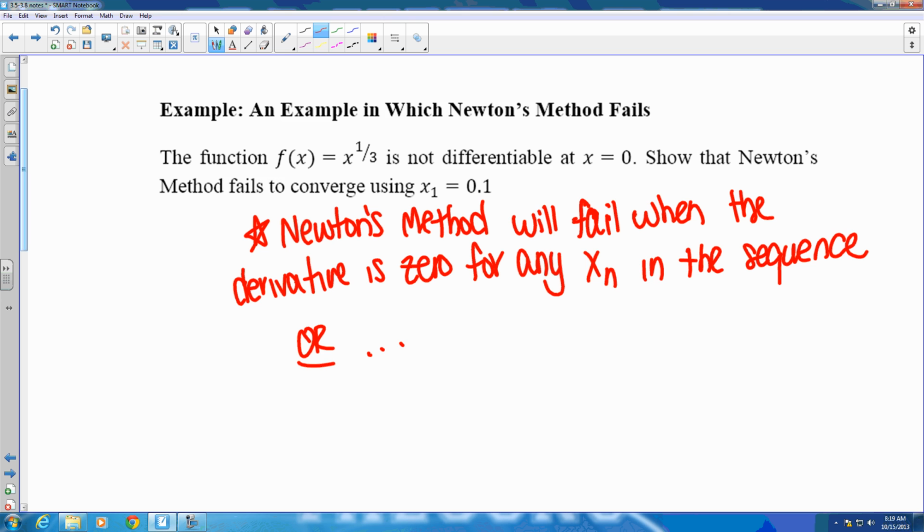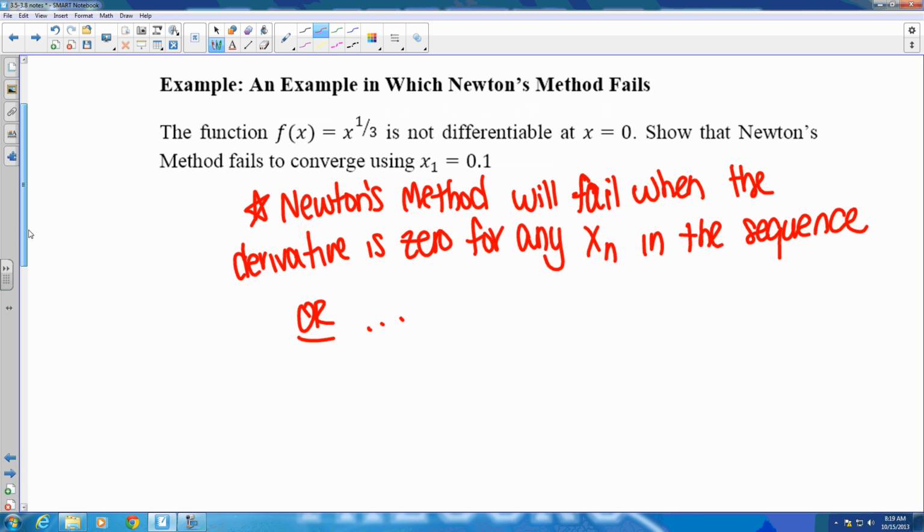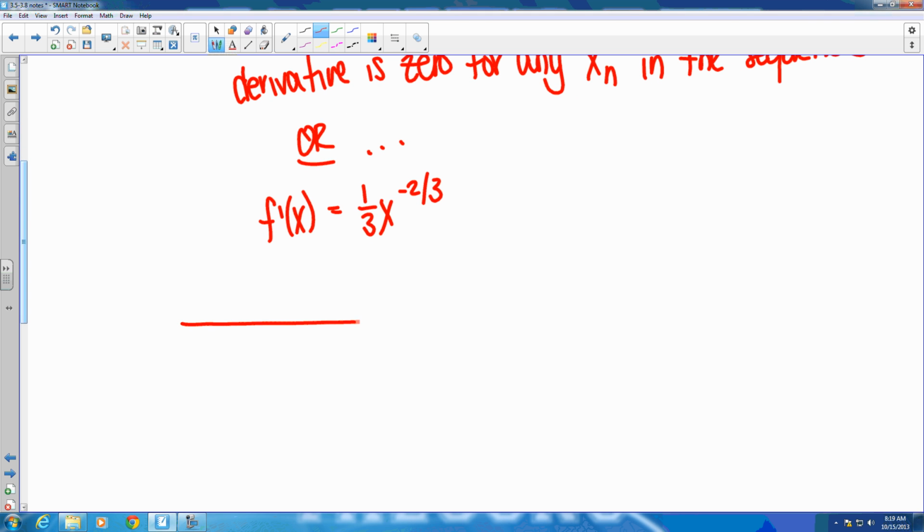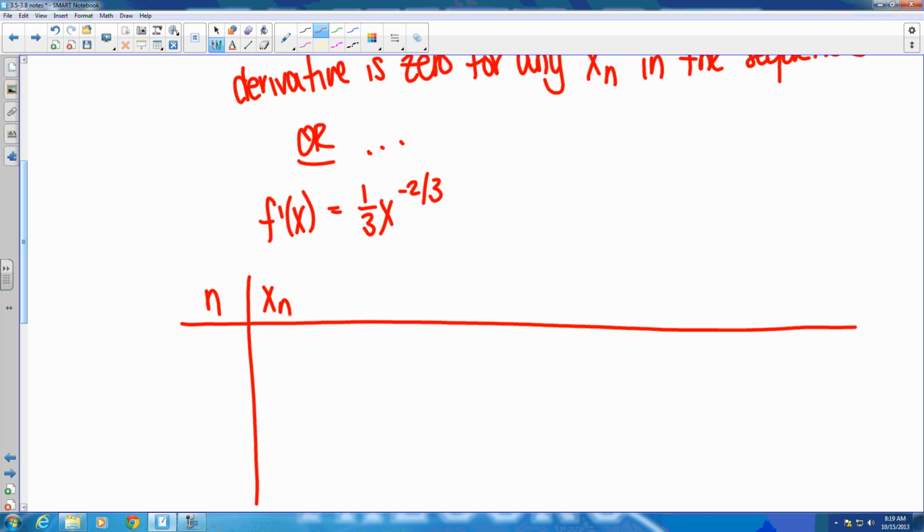Or, let's see this example here. So let's find the derivative, because we always need to use a derivative. Derivative is 1/3 x to the negative 2/3. So we're going to make our table. xn, f of xn, f prime xn.